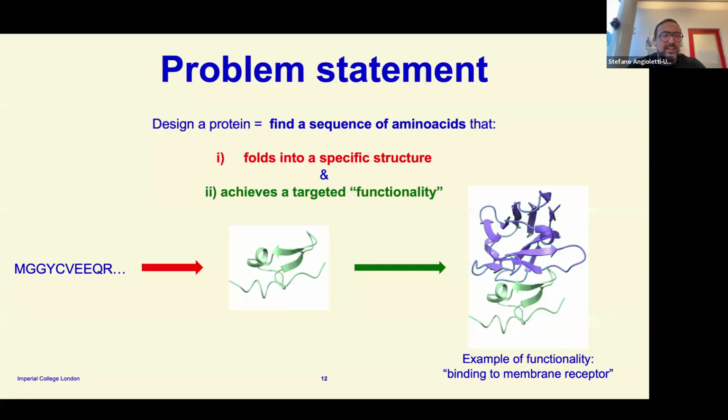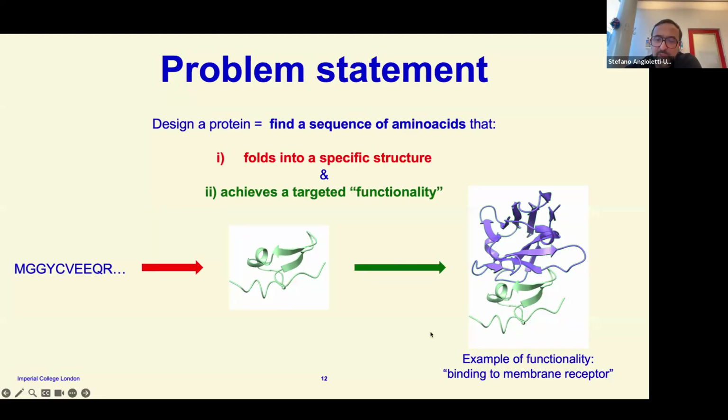This polymer, unlike normal polymers, can fold into a specific structure, like the one drawn here. And typically this structure can have certain functionality. For example, in this case, what you have in purple here is another target protein. Because of the shape of this green protein, they are complementary to each other, and they can bind to each other.